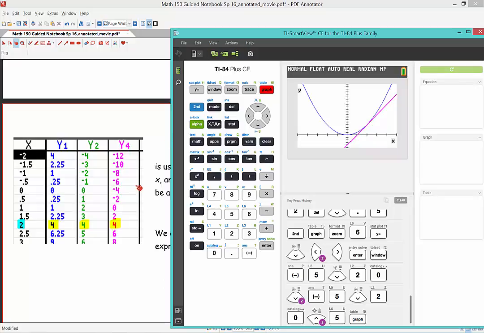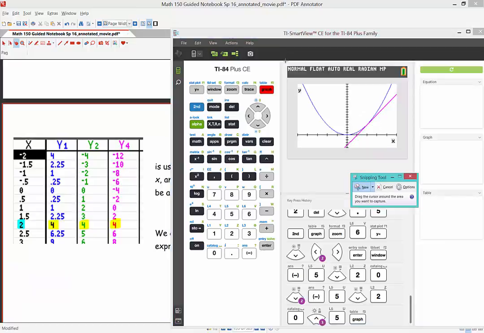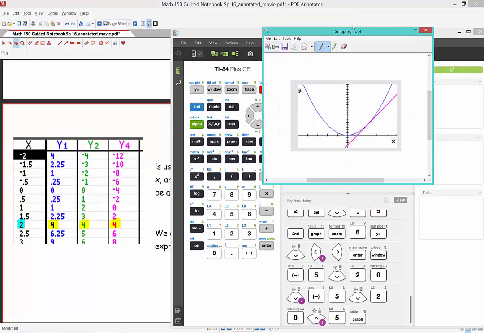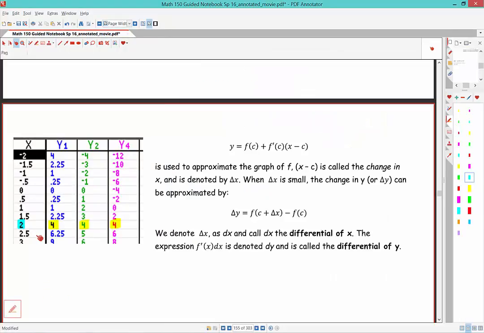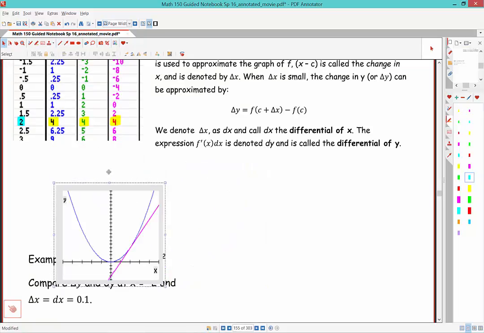Okay, so what we'll do here is check out our graph. Here we go.